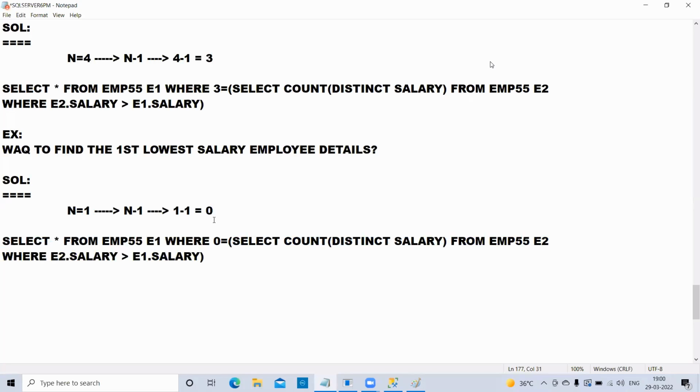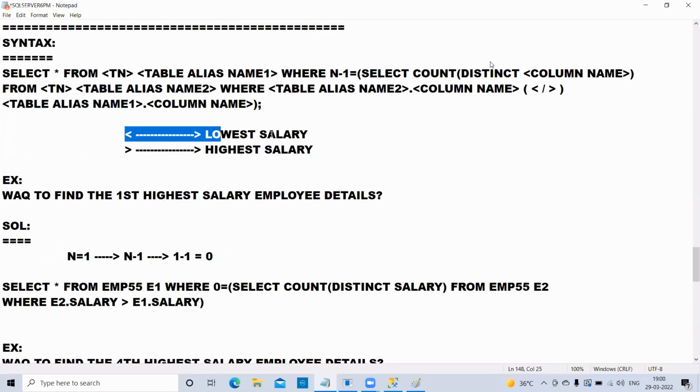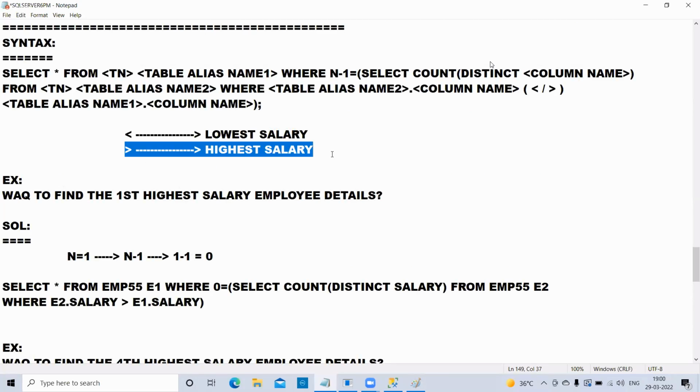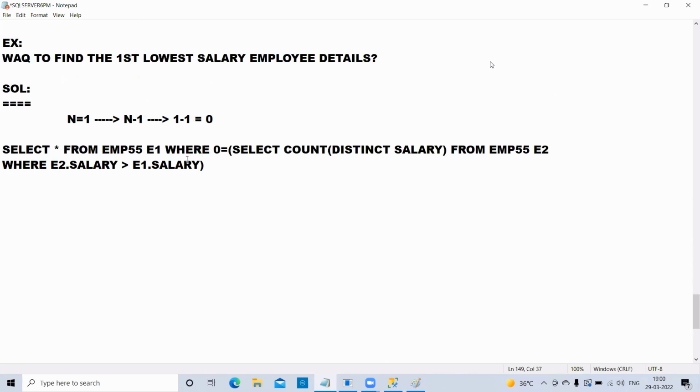So my entire syntax is the same, but for the lowest, where do we want to change? Any guesses, guys? Less than is the lowest, greater than is the highest. So in this query, the inner query condition I want to change. In place of greater than, use less than.